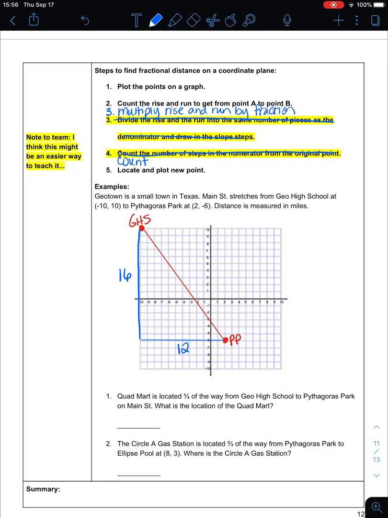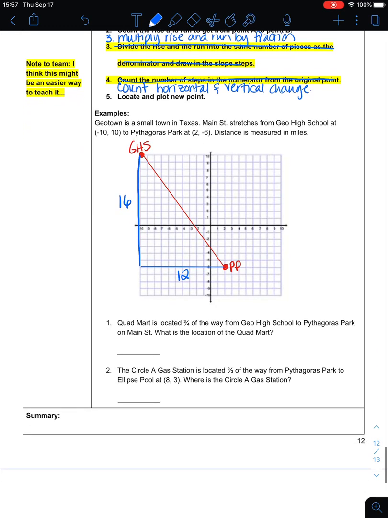That's going to tell you how much to count horizontal and how much to count vertical. So we want to count our horizontal and vertical change. I decided to change the wording on this. And then you want to locate the new point. Let's look at number 1.